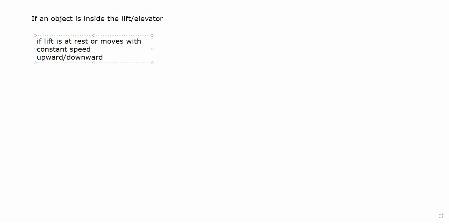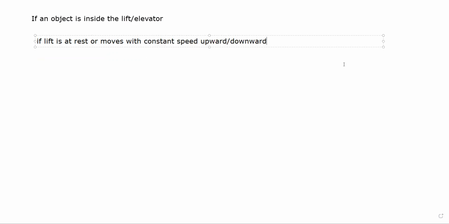It can be any direction. These scenarios all have the same result.